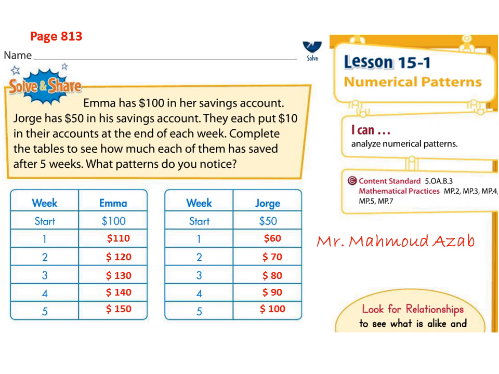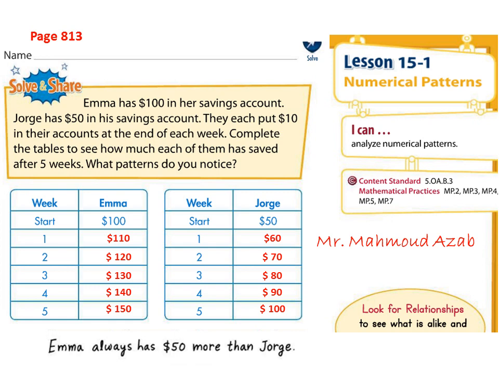The first row, for example, $100 and $50. Of course, Emma always has 50 more than George. The second row, 120 and 70. Compare 120 and 70. Of course, 120 is $50 more than 70, and so on.